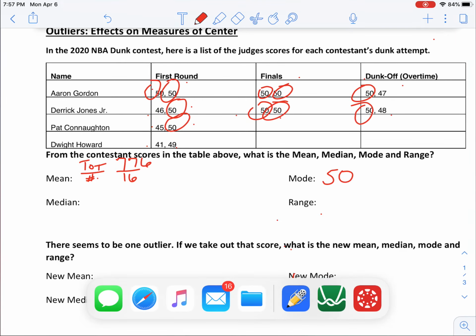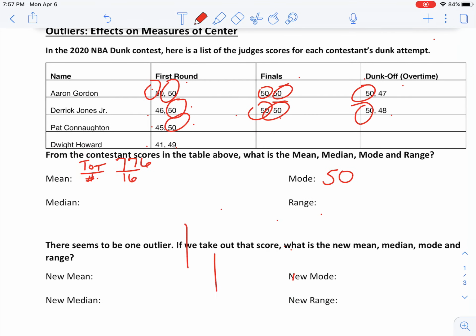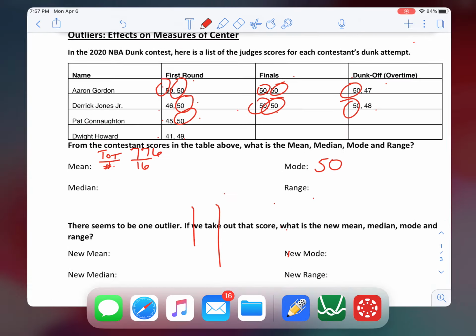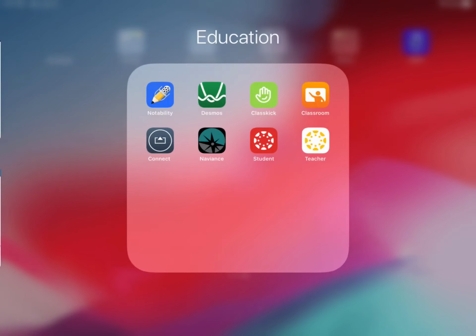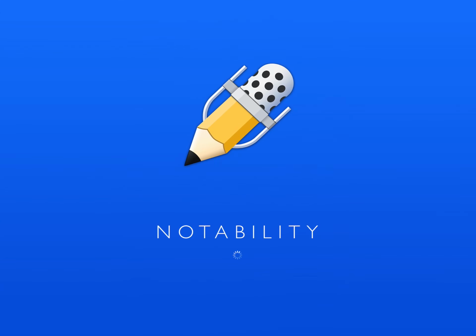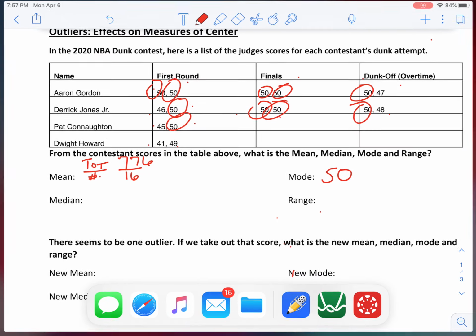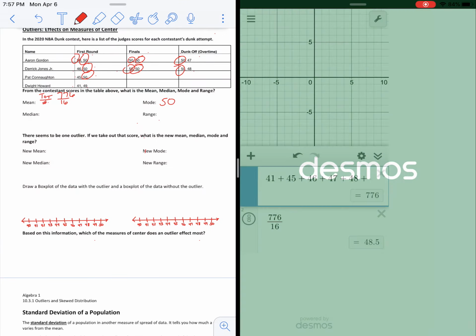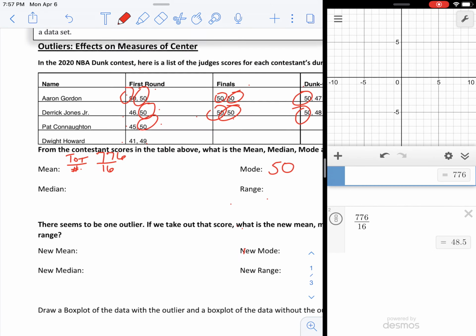Let's see if I close out of Notability, if it'll come back. Okay, let's try that again. There we go. Let's see if I can now add in Desmos. Should be able to, right? There we go. I don't know what was happening there.